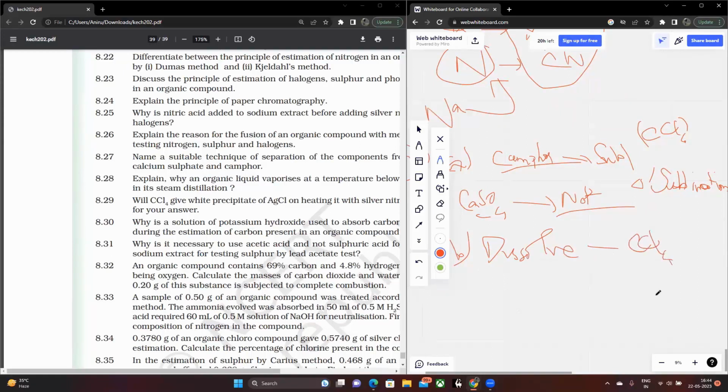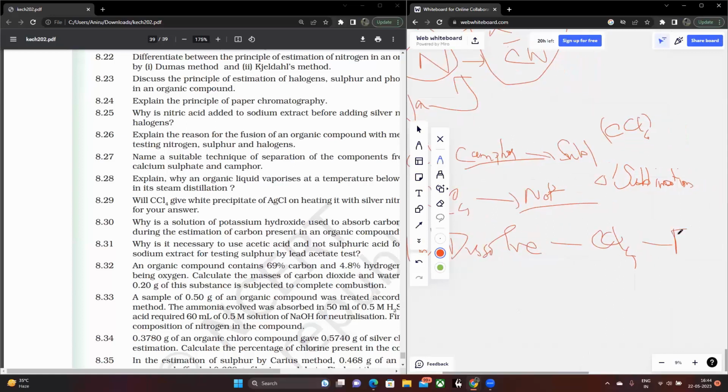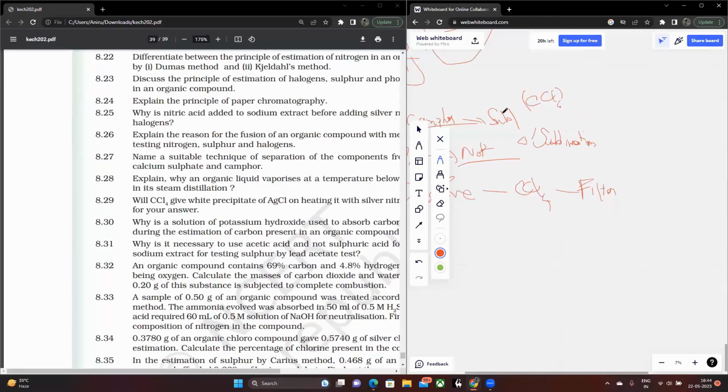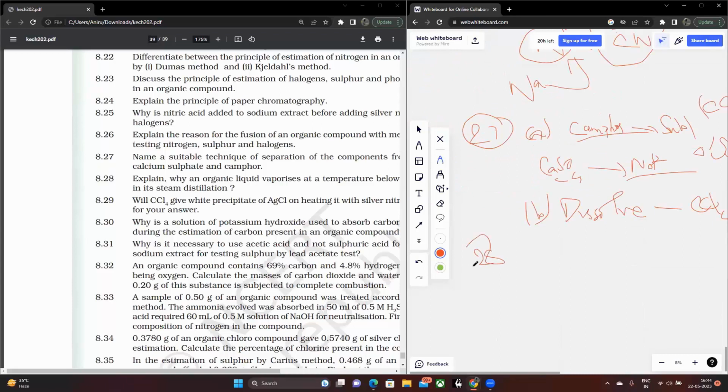You'll notice that CaSO4 does not dissolve, and whatever filtrate you have when you dissolve and filter, that is CCl4 with camphor. Whatever residue you get on the filter paper, that is calcium sulfate, right? Then you just boil off CCl4 properly, you get camphor. Boil off and same result. That is question number 27 taken care of.